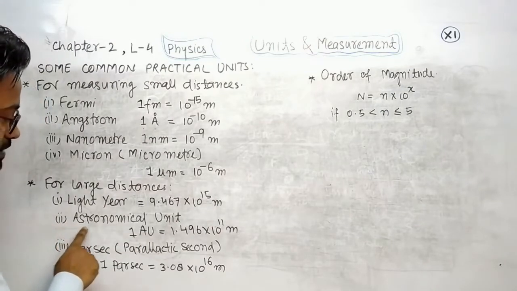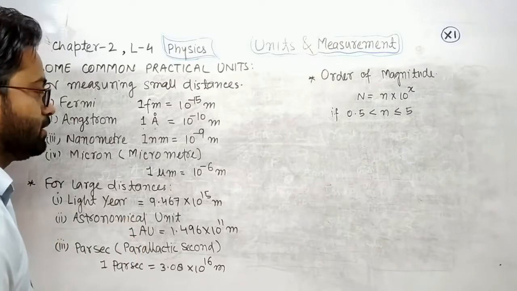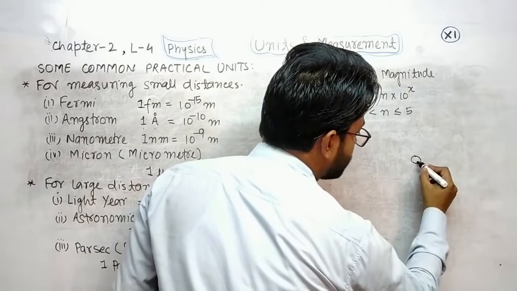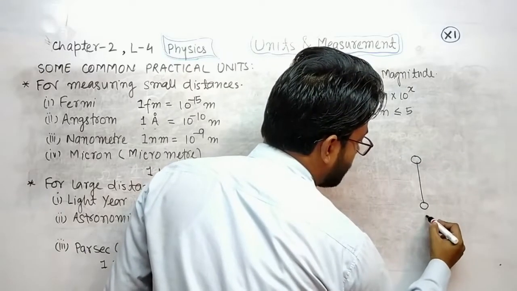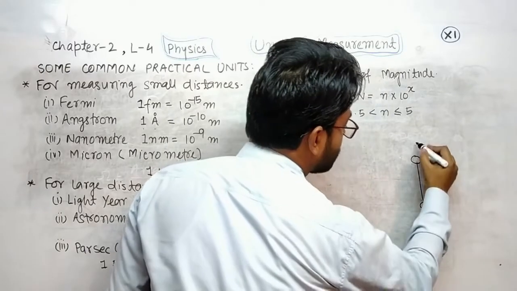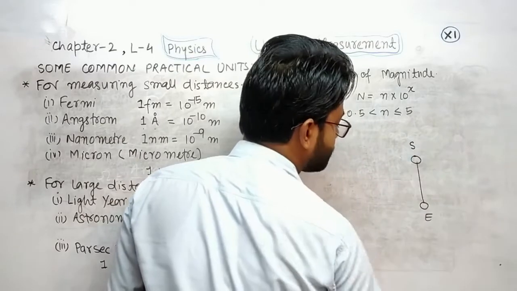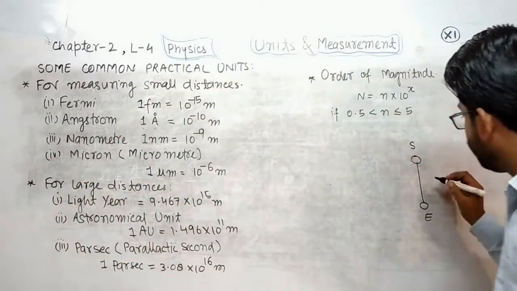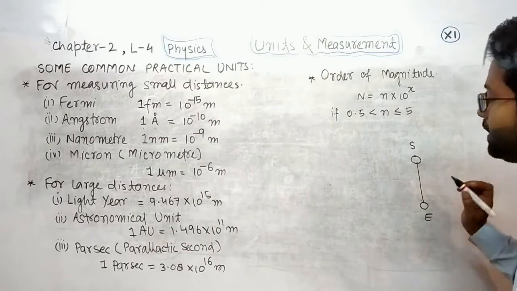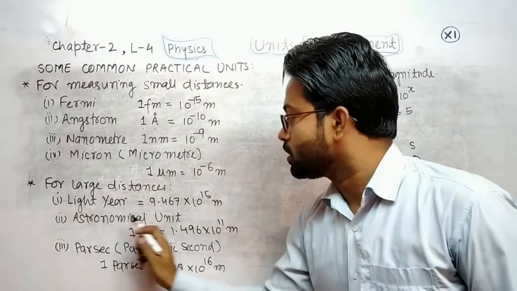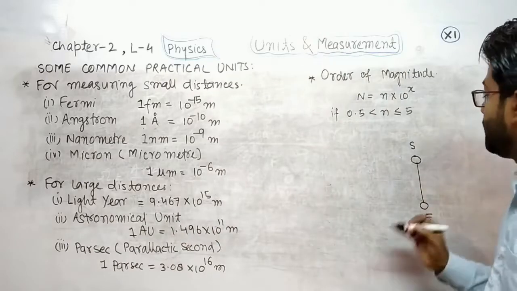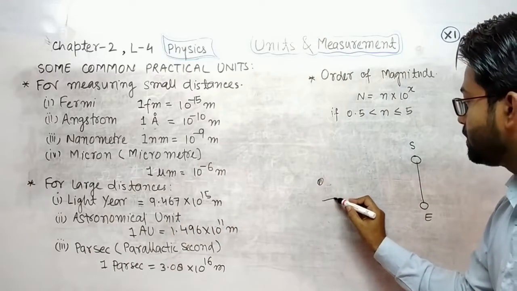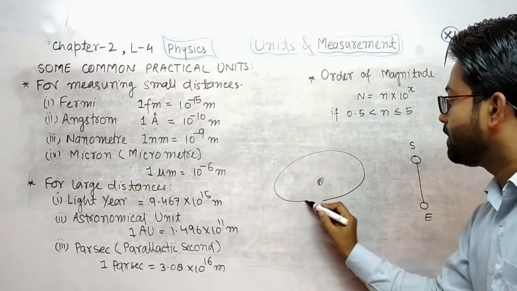Second point is astronomical unit. What is an astronomical unit? The mean distance between Earth and Sun is called an astronomical unit. Why mean? Because if this is the Sun, the Earth is revolving in an elliptical path.